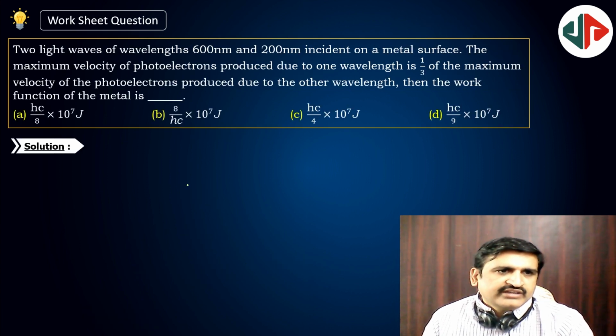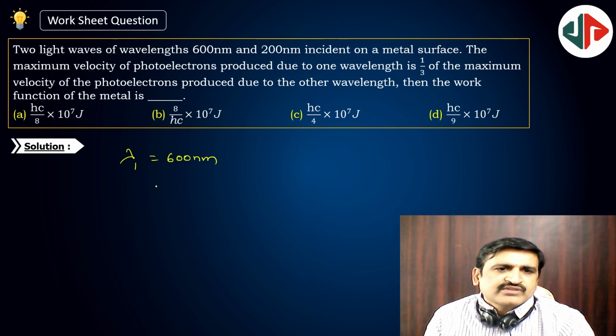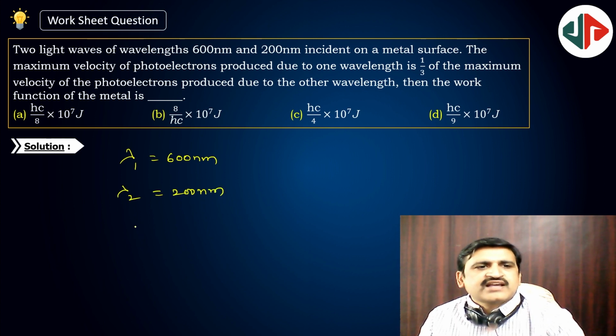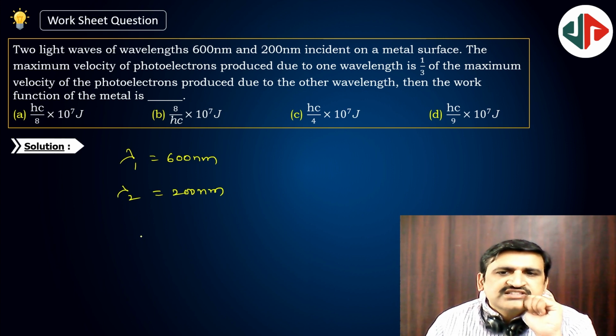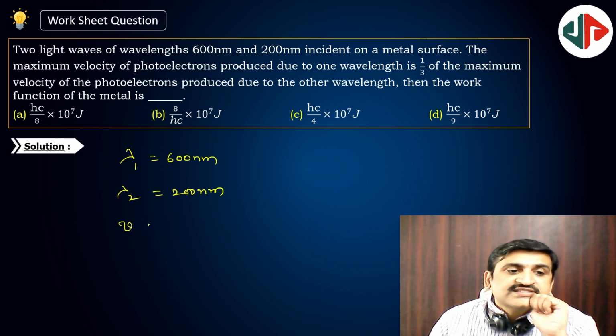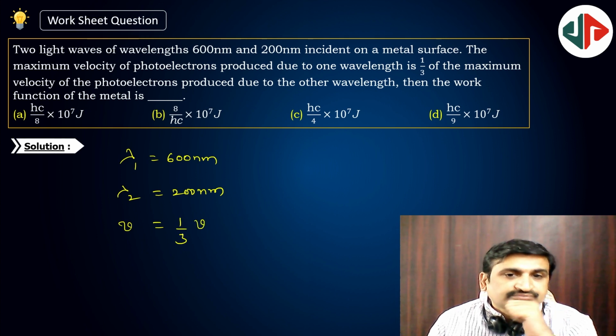A light wave of wavelength lambda 1 equal to 600 nanometers and lambda 2 equal to 200 nanometers is incident on a metal surface. The maximum velocity of photoelectrons produced due to one wavelength is 1 by 3 times that of the other one.